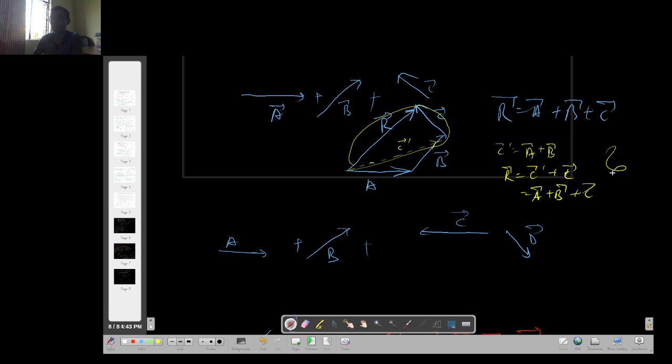So that means the triangle law of vector addition is the main law of vector addition. Using that we can derive the parallelogram law and even the polygon law of vector addition. So this is all about vector addition.